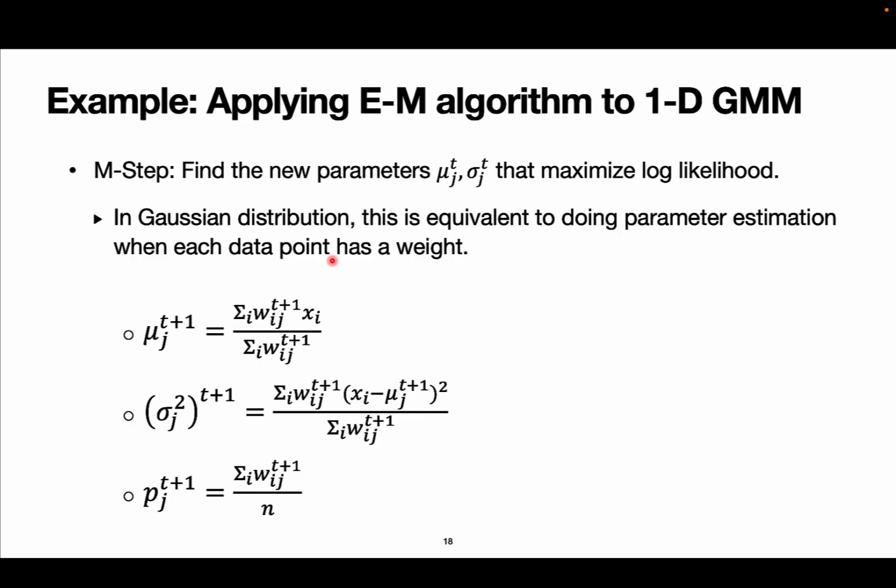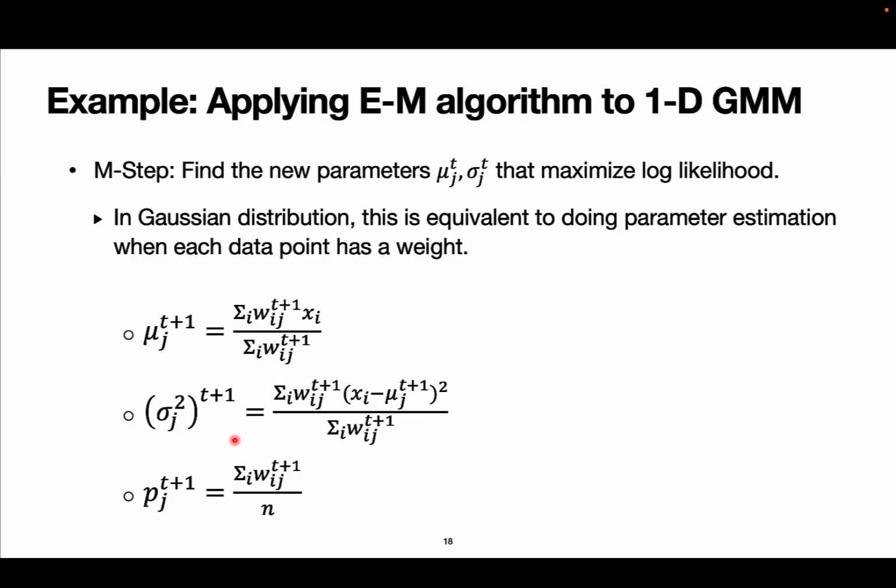In the M step, we are going to find the parameters mu and sigma that maximize the likelihood, or the log likelihood. The mean of each Gaussian is a weighted average of the data points multiplied by the weights, which is determined by the membership.